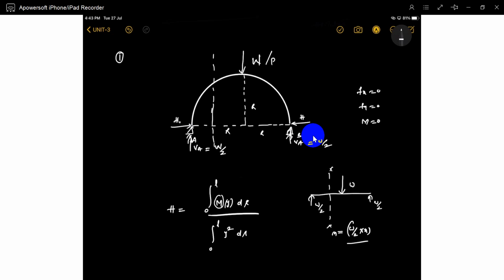In a semicircular arch, at any section we can represent the position not by some distance but with the help of some angle. So now I took this angle. In yesterday's and today's class, we derived the formula with theta on the upper side.